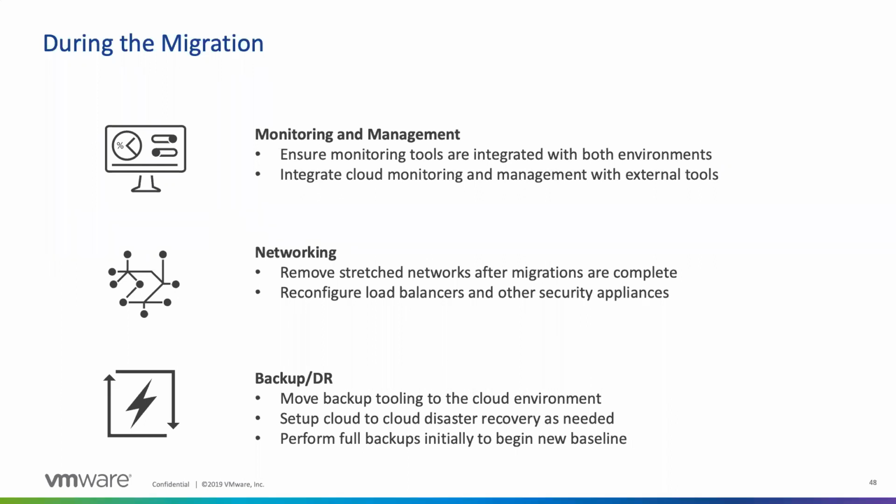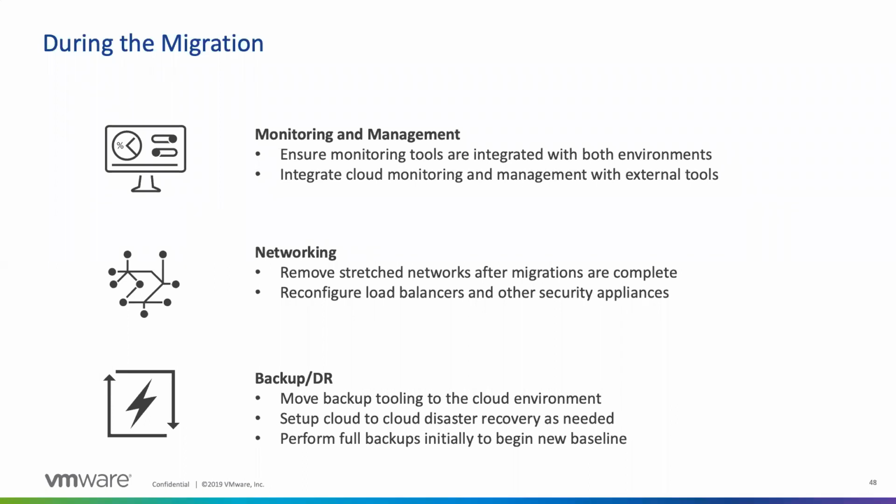Otherwise, you're going to move them out to VMware Cloud on AWS, and suddenly your ops team is going to lose all visibility to what's going on. So you want to make sure this is in place before you move the workloads. And then obviously all the external integrations you do, PowerCLI scripts, everything that you're doing in your environment, you want to begin directing those to the new environment as well.